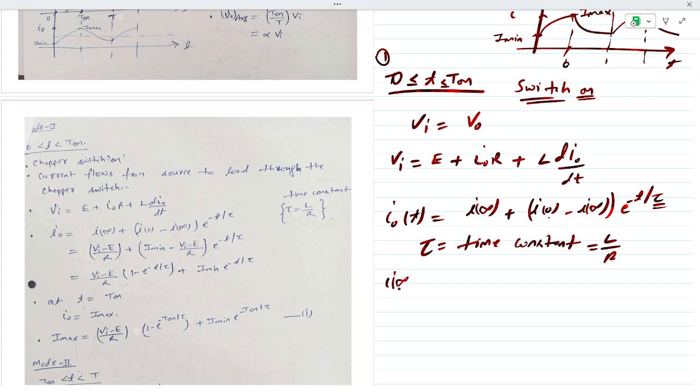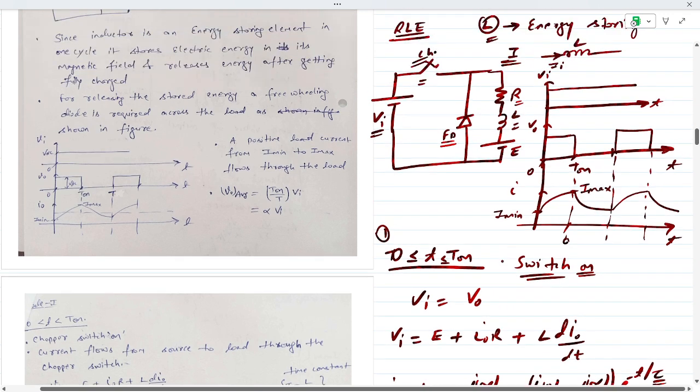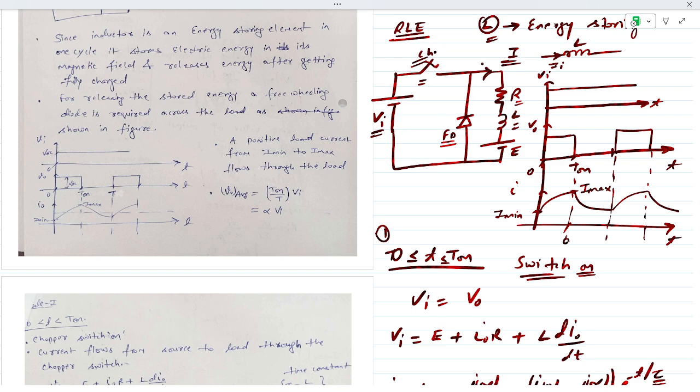And I infinity means what will happen when this L is fully charged. So that is the I infinity. When the L is fully charged, it will act as a short circuit, and the current flowing through the load is basically now R and E is there, and this is the Vi, and this is the direction of current I naught.